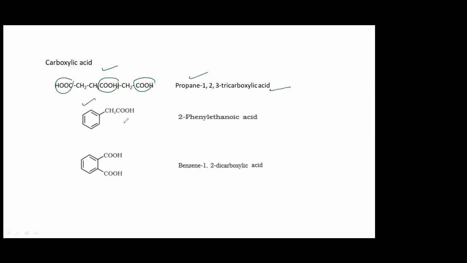This you can write as phenyl ethanoic acid because the functional group is in the side chain. Benzene-1,2-dicarboxylic acid is also known as phthalic acid. Okay, so those names are also used. Sometimes nomenclature is important.